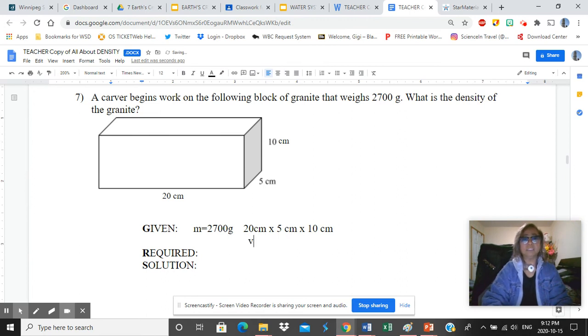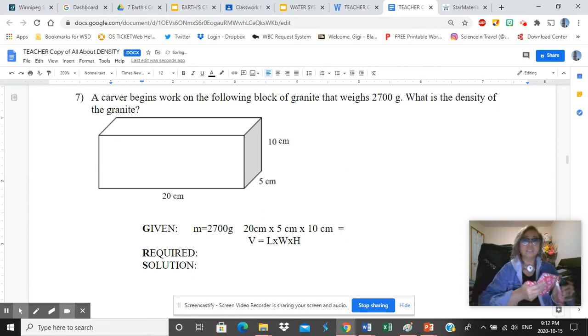So there's nothing but the volume here, right? In math, we deal with length times width times height, right? So if you multiply the three, how much would you be getting?